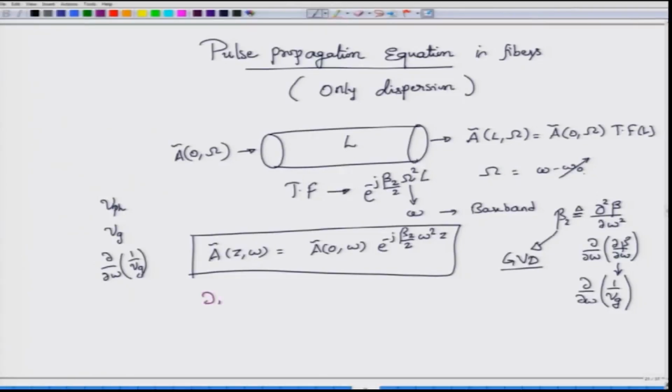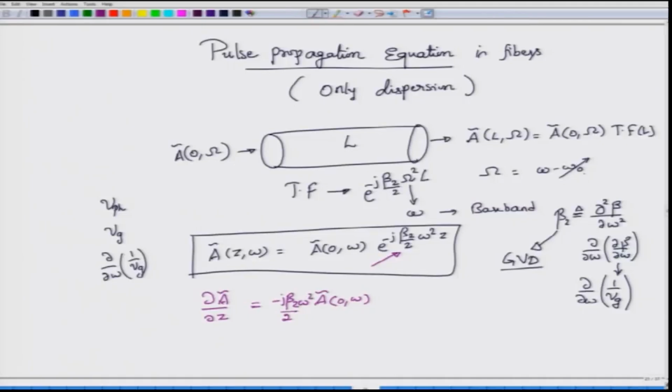Now, what if I differentiate this with respect to z? The first term is completely independent of z, so it is a constant. It does not get differentiated, it just gets multiplied. When you differentiate the exponential term with respect to z, it will pull out minus j beta 2 by 2 omega square.